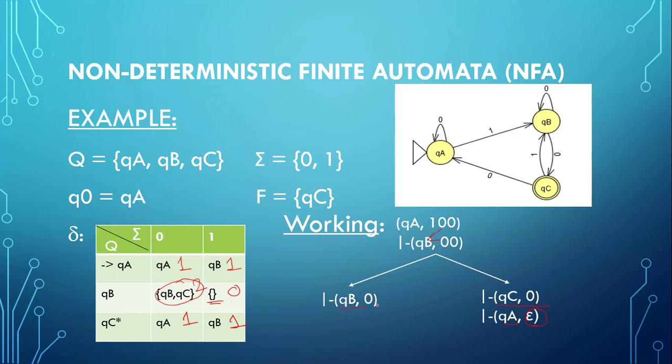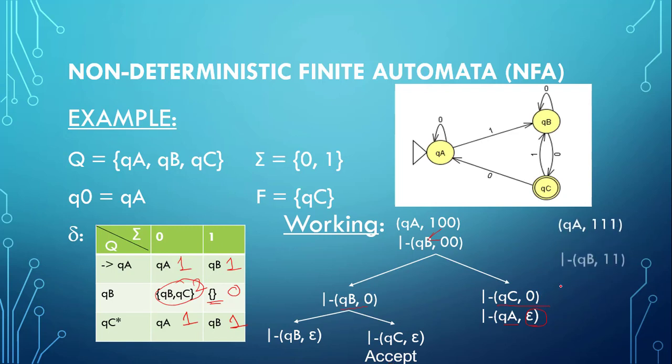Now again here, since QB is having two state transitions, it will branch out again to go to QB epsilon. Again this will reproduce the output as reject since the string has become empty and our state that it has reached is not a final state. And finally QC and empty string will get accepted as the output.